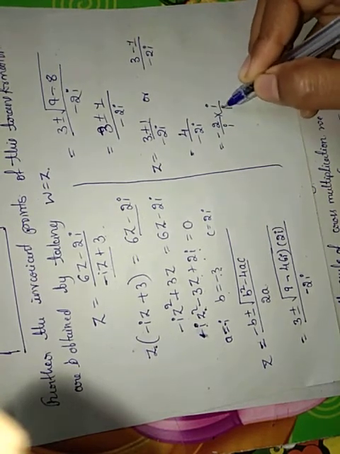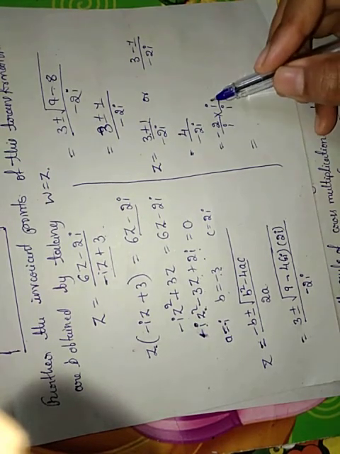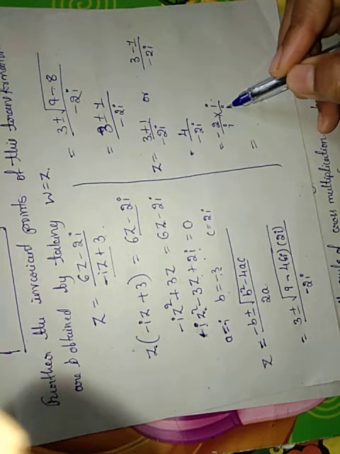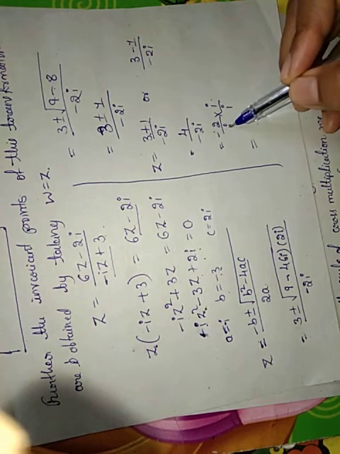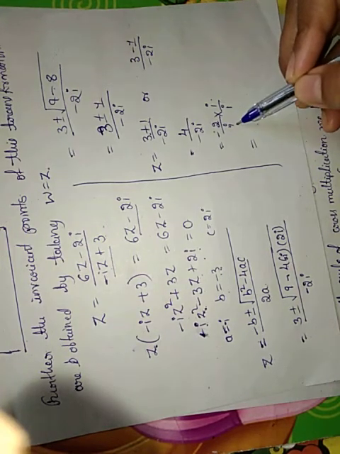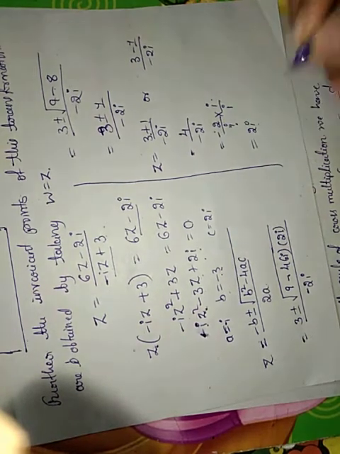Multiply both numerator and denominator by i. So we get minus 2 into i is minus 2i, i into i is i square, is minus 1. Both numerator and denominator have the minus sign, that minus sign will get cancelled. So your answer is 2i.